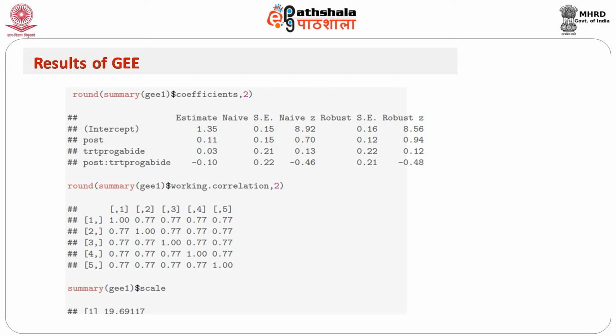So, here we use summary GEE1 working correlation, rounded to 2 decimal places, and this is what we get. The diagonal elements are 1 and the off-diagonal elements are 0.77. To see the scale parameter, we can use summary GEE1 scale and it gives me the value, while summary GEE1 gives the scale as well as the standard error of the scale.